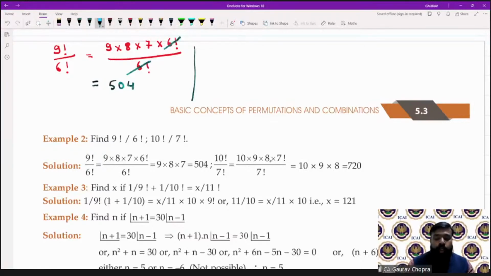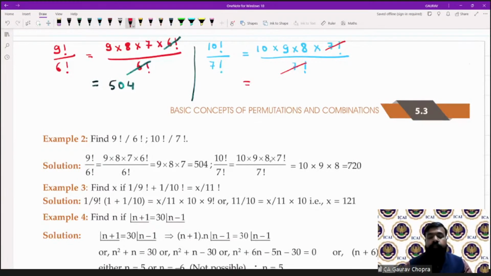Similarly, let's solve one more: 10 factorial upon 7 factorial. Now 10 factorial can be opened as 10, 9, 8, where we have to stop at 7 factorial, because in the denominator 7 factorial is available. So we can cancel 7 factorial.